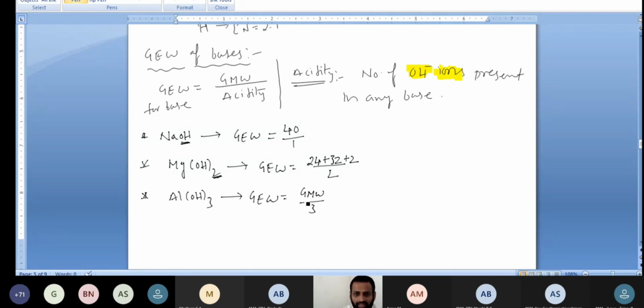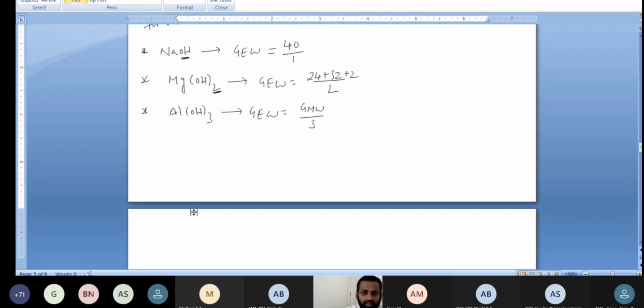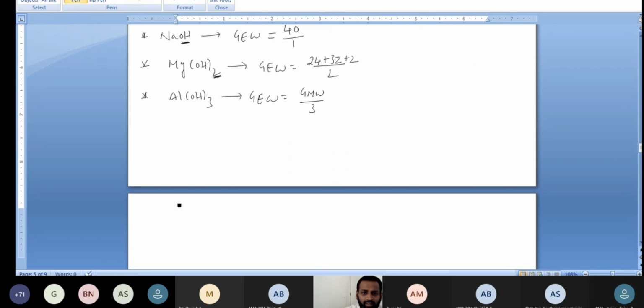But it's very clear. Next, we have gram equivalent weight of salts. Those we will discuss now. Gram equivalent weight of salts, very simple.